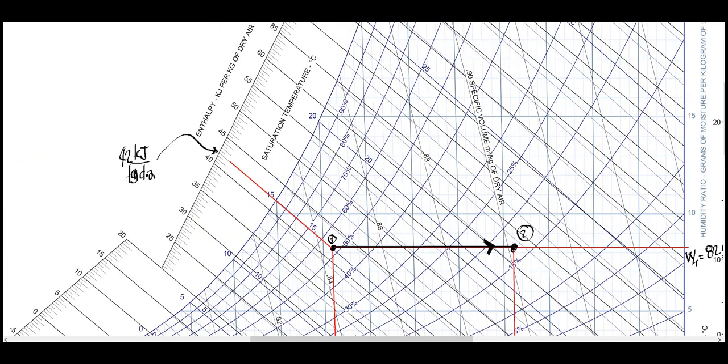And also we can plot the enthalpy of this line. So traveling parallel to this line, it is somewhere around 61, 62, somewhere here.